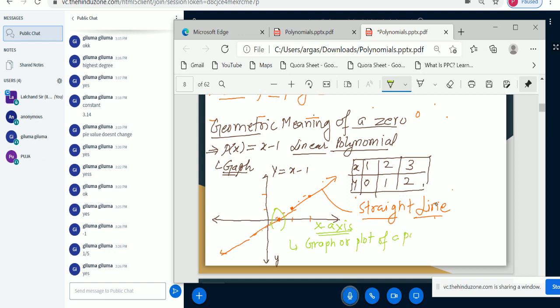Simply, the graph or plot of a polynomial and its intersection with the x-axis. Okay, are you getting this? What is the geometric meaning of a zero?